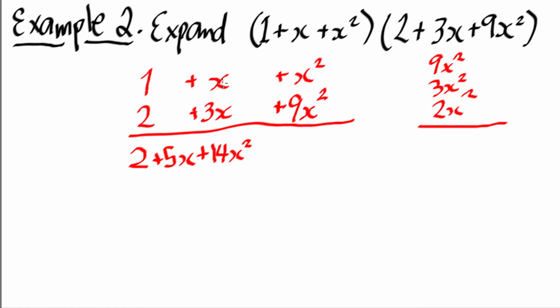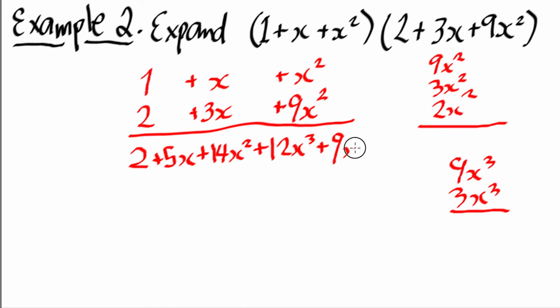And then we're going to multiply x times 9x squared. So that's going to be 9x cubed. And then crosswise again, x squared times 3x is going to be 3x cubed, which gives us 12x cubed. That's positive. And then vertically now, x squared times 9x squared is going to give us 9x to the fourth. So this is our answer.